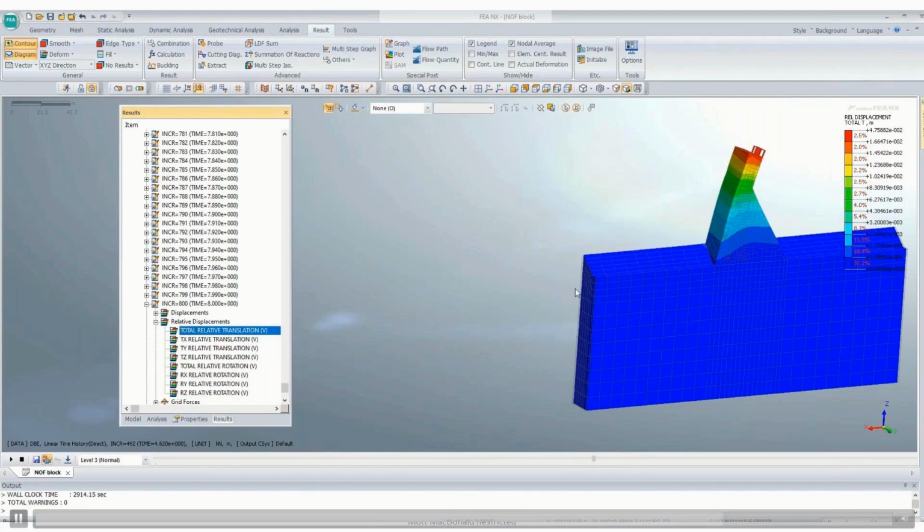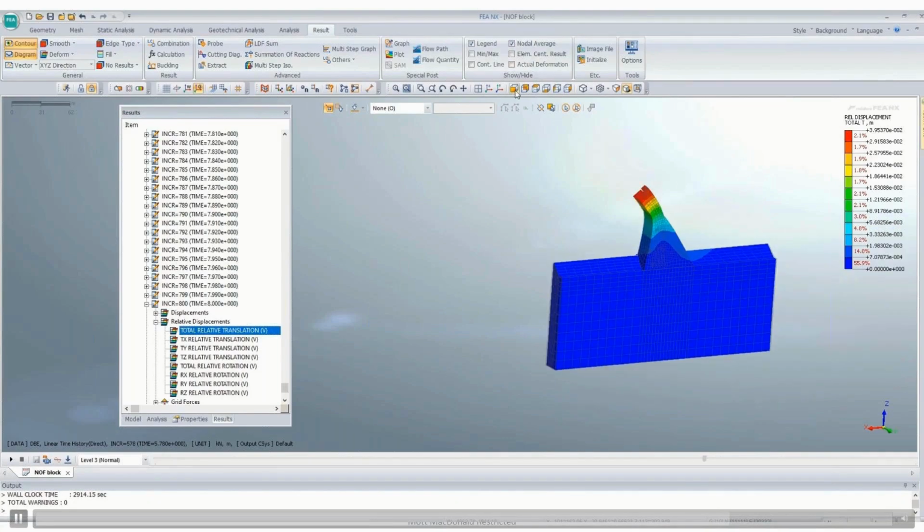Up to 8 seconds we'll get the maximum deformation. So this deformation seems fine. Okay, let's stop it.